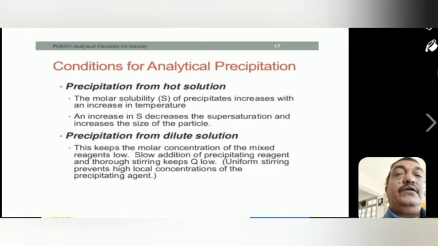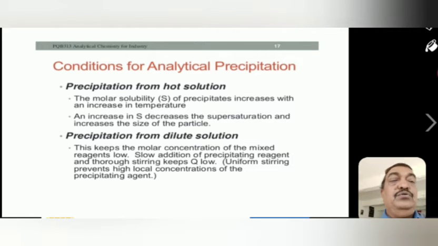Here the molecular solubility, that is the solubility of the electrolyte which is to be added, increases on increasing the temperature. So temperature plays a very important role in showing how the precipitation occurs in an accurate way. And an increase in S decreases supersaturation, that is, it increases the size of the formation of the particles.